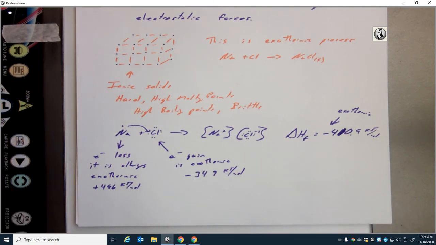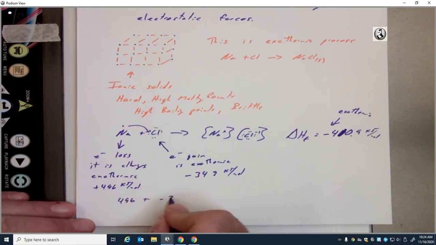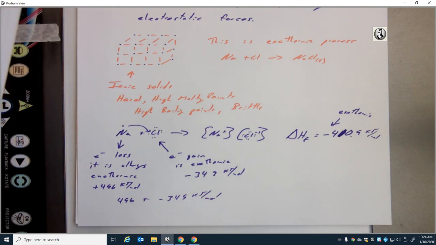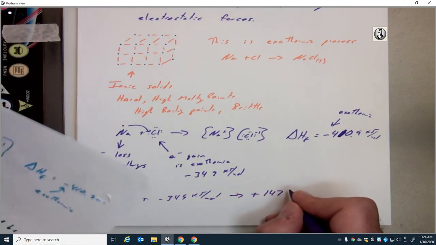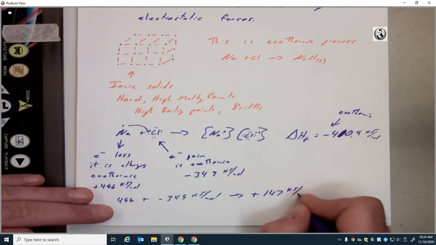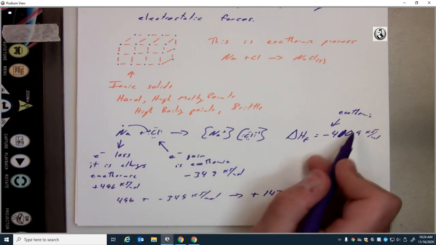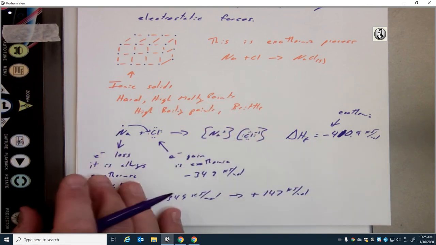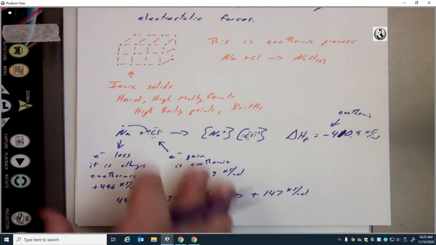Well, 496 plus a negative 349 kilojoules per mole gives us positive 147 kilojoules per mole. This is saying that this is endothermic. It's not. It's very exothermic. So there must be something else that's going on here. And that's called lattice energy.